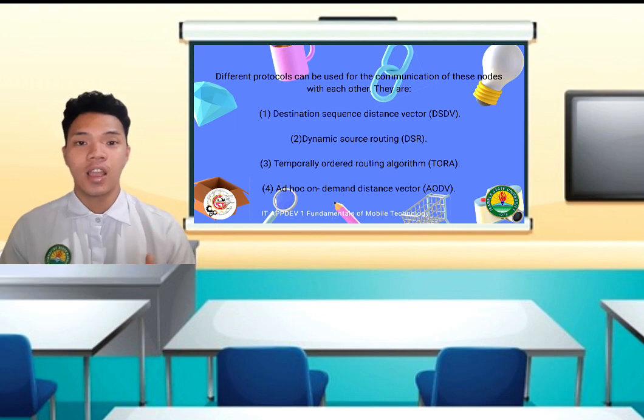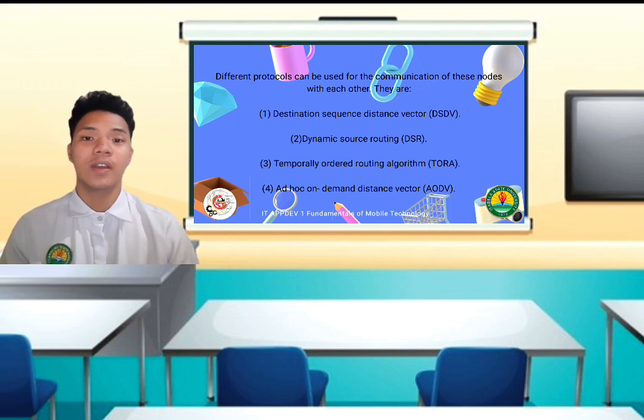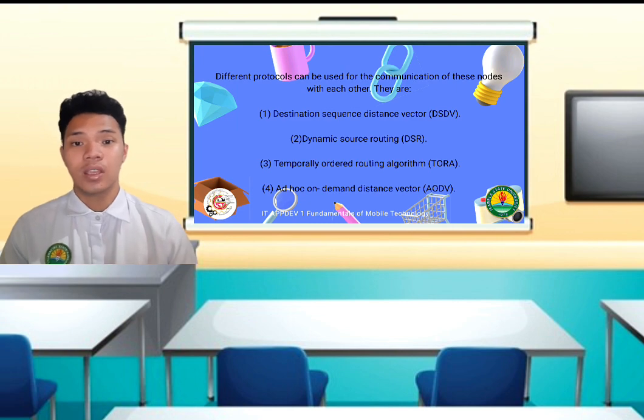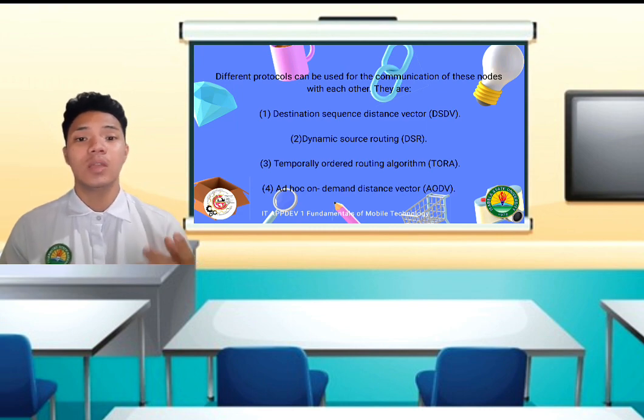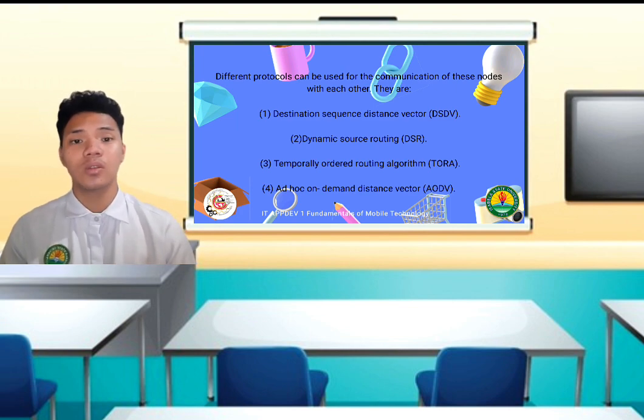Imagine, guys, a group of mobile devices forming an ad hoc network in a disaster area where traditional communication infrastructure is damaged. DSDV can be used to establish communication between these devices by maintaining routing tables at each device, ensuring reliable communication by using sequence numbers to prevent loops.